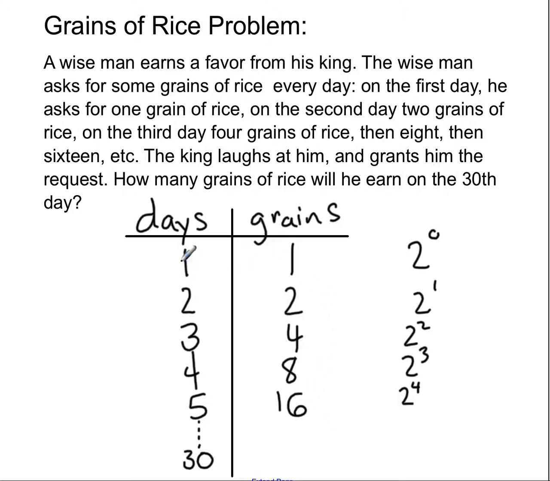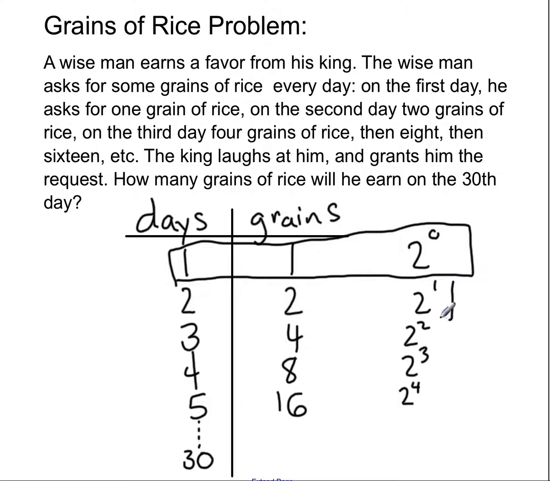Okay, if I look at the day and then I look at my exponential version, the first day is 2 to the 0 power. The second day, 2 to the first power. The third day, 2 to the second power. The fourth day, 2 to the third power. The fifth day, 2 to the fourth power.